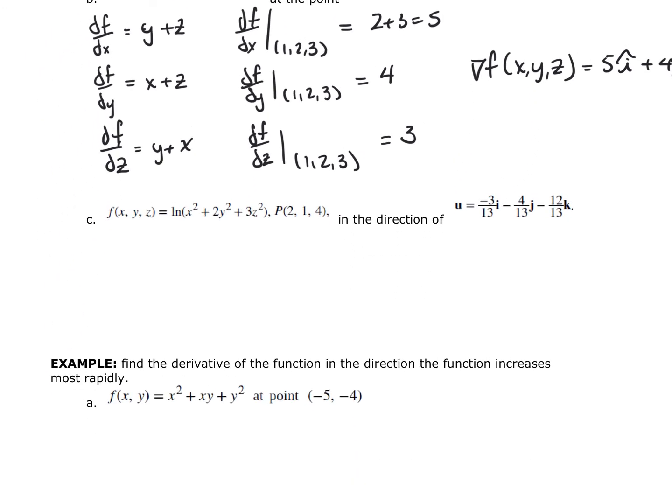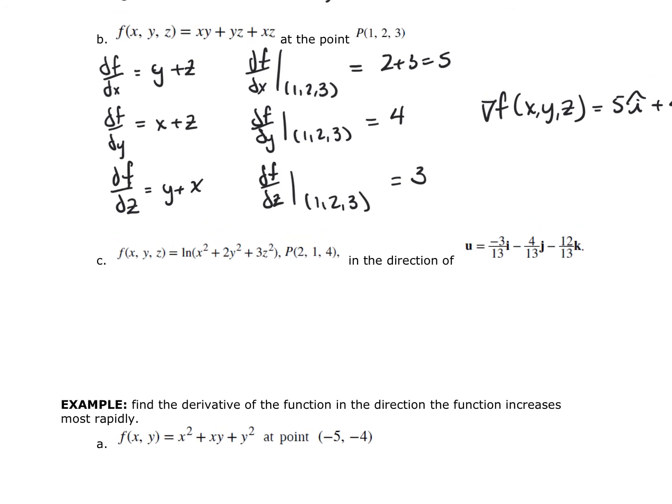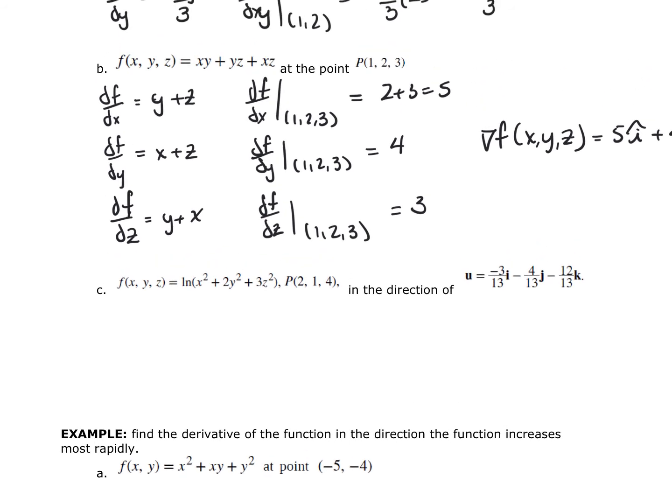This last one, they're asking me to find my gradient, and I want to have it in the same direction as this given vector. So as before, the first thing I'm going to do is find my partial derivatives and evaluate them. I'll let you do that, and I'm just going to tell you what the gradient is going to be in the x, y, and z direction.